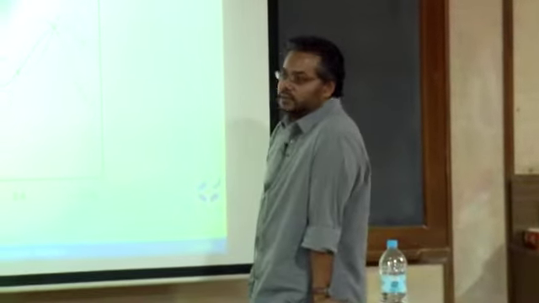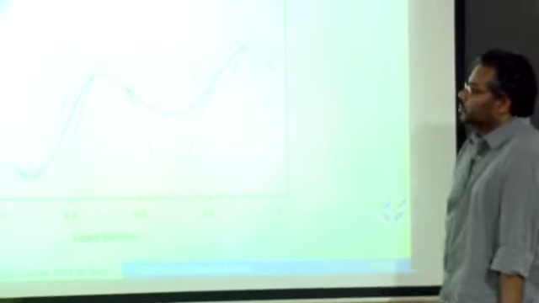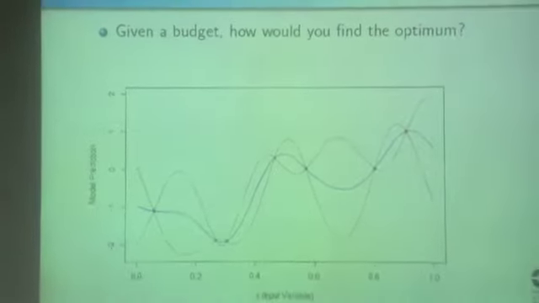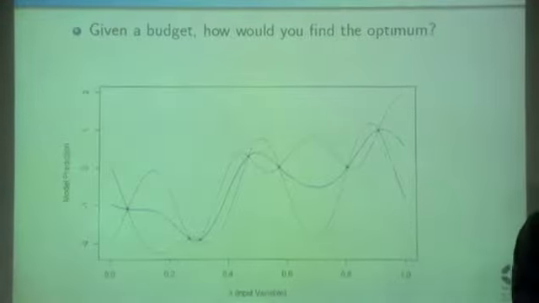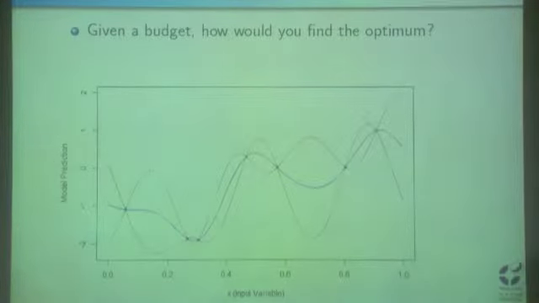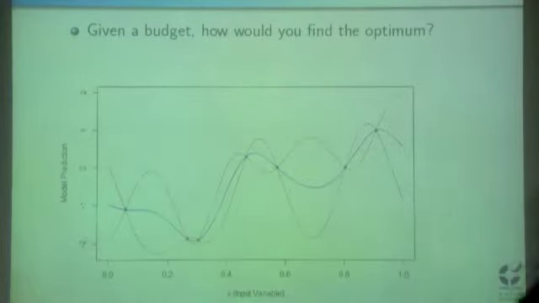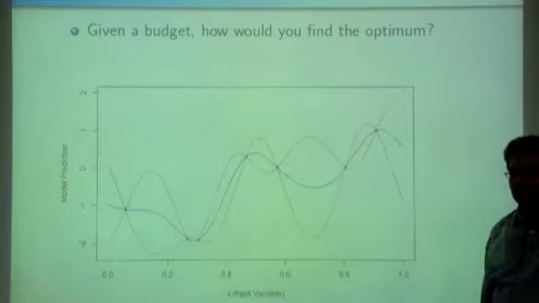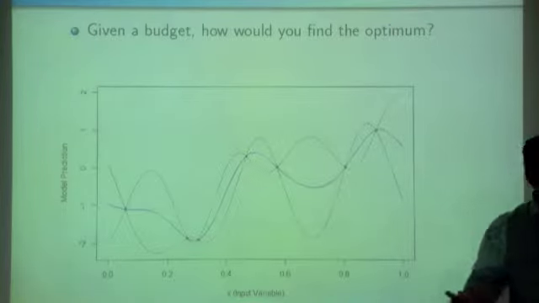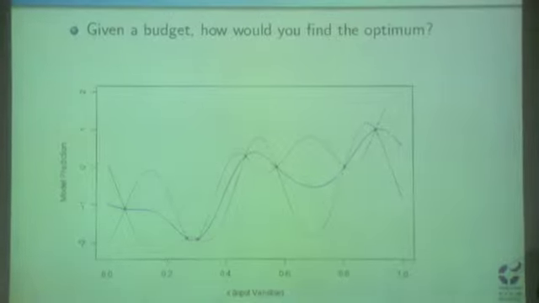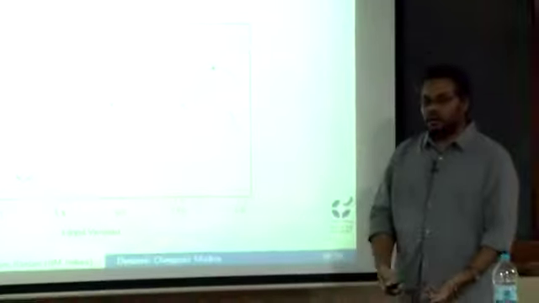Now think for a few seconds: suppose we have an expensive to evaluate mathematical function, a nice simple function, but you cannot evaluate it as many times as you want. There is a fixed budget, and you want to maximize that function. How would you do it? This function is evaluated at 7 points, but if I wanted to maximize it with a fixed number of x evaluations, how would you do it?